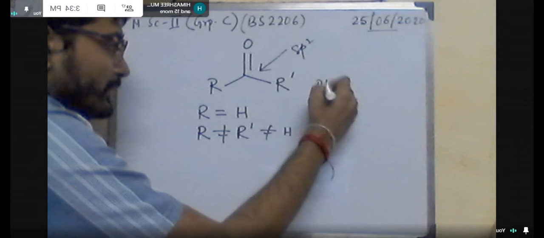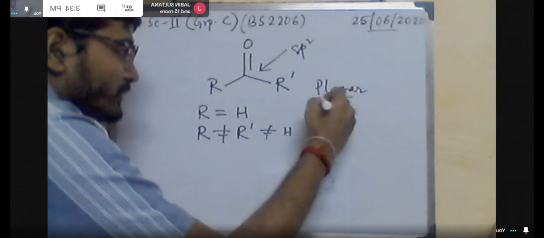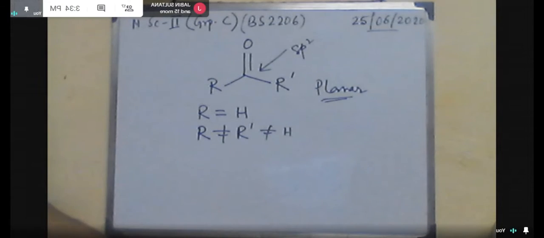Now you know the term topicity. Basically topicity is the stereochemical relationship between the substituent and the structure to which it is attached.